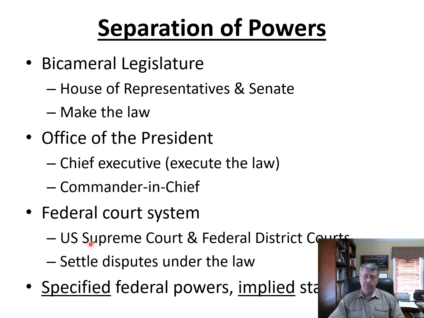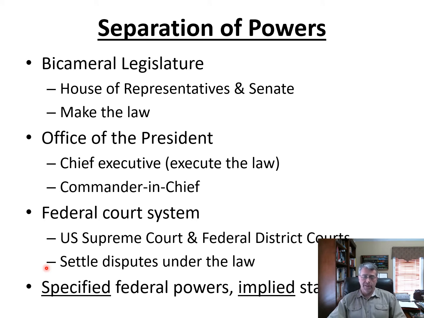And again, the primary function of the court system is to settle disputes under the law. So if there's ever some kind of a dispute regarding the Constitution, the Supreme Court or the federal court will be the final say in settling that dispute.